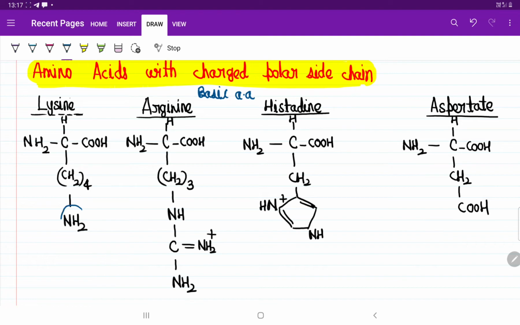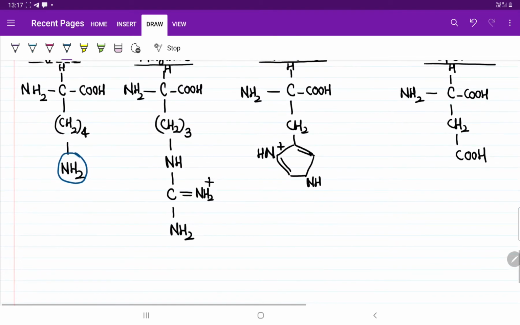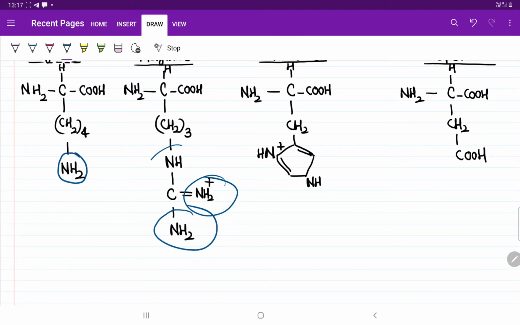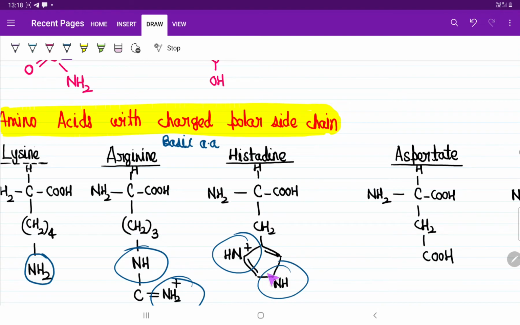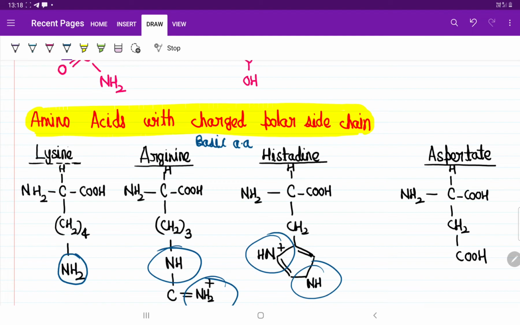In their side chain, you see, an amino group is present. So apart from one amino group, they have some extra amino group present in their side chain, right? That's why sometimes we also call them monocarboxylic diamino acids. Why?